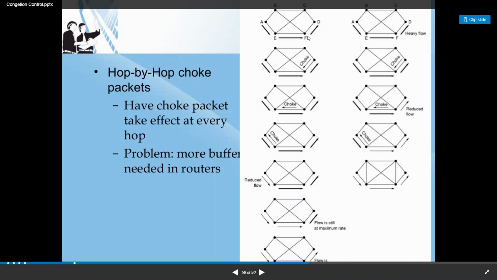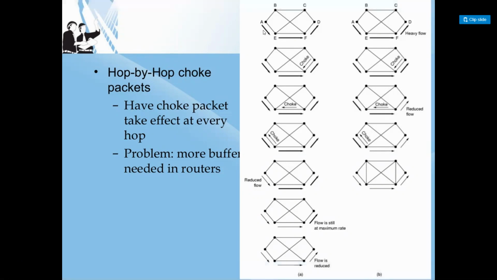Router F slows down its transmission and again back pressure hop by hop. It intimates E. Then E slows down its transmission. Next, E will intimate A. A slows down its transmission. That is the advantage of hop by hop back pressure, hop by hop choke packets.